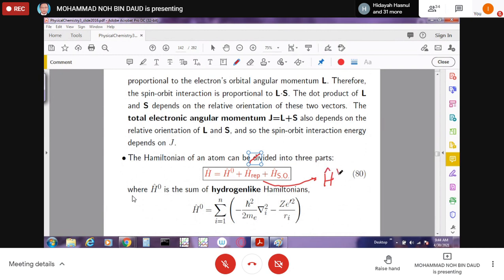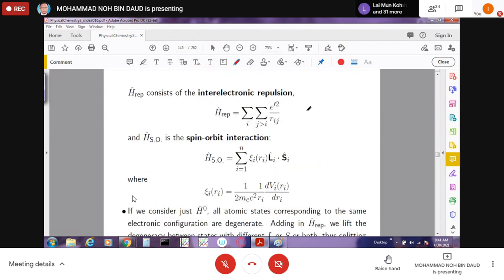The H prime here, the perturbation, we treat as our perturbation. This is the interelectronic repulsion between electrons, all possible interactions.